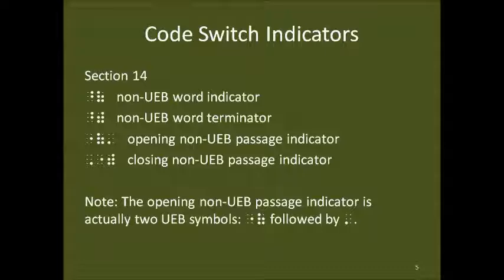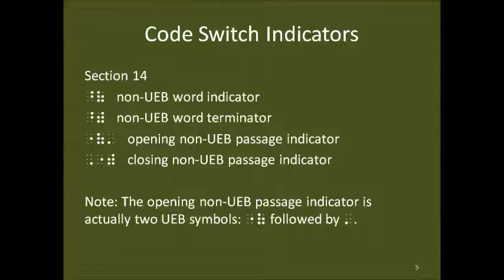So we have non-UEB word indicators, indicator, and then a terminator, and then a passage indicator and a terminator. There's a little note in the rulebook that says the opening non-UEB passage indicator is actually two symbols. This also goes against everything that we've studied so far, where certain symbols were considered a unit.